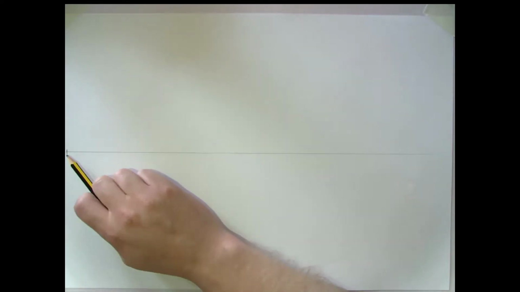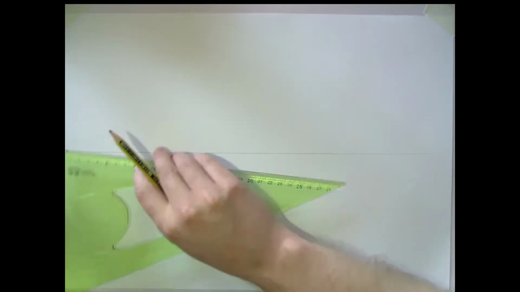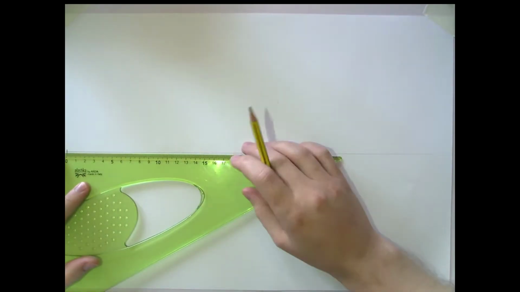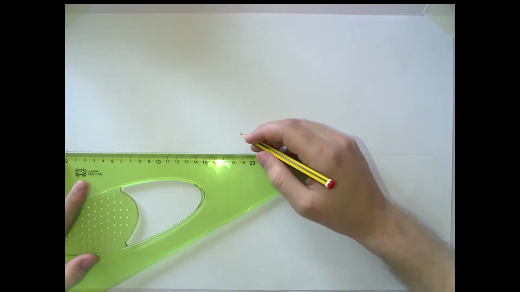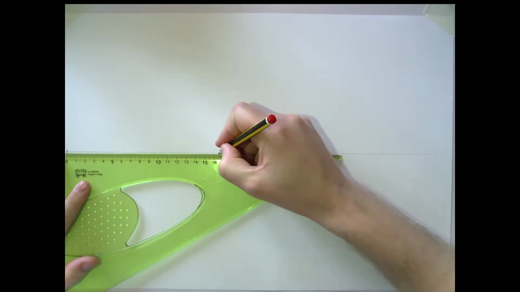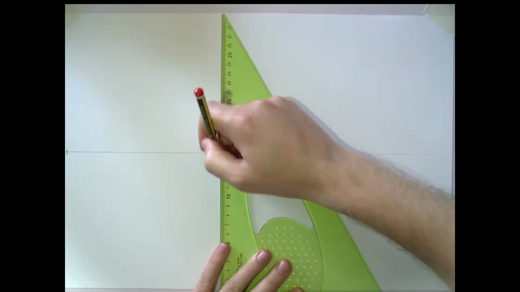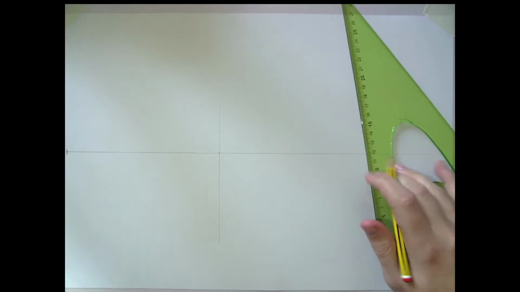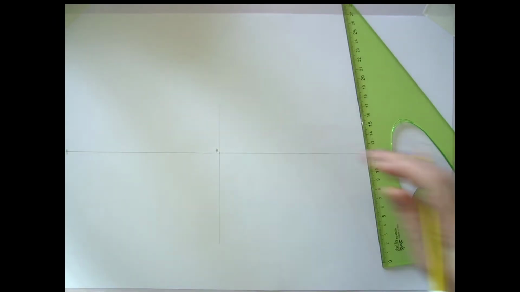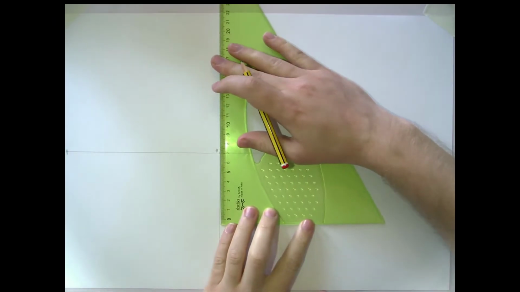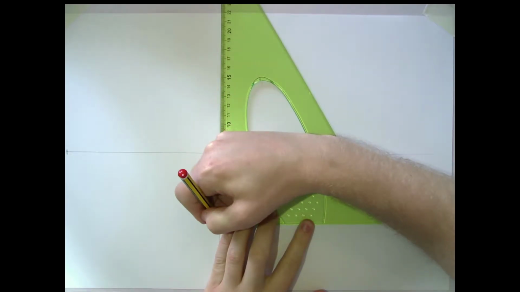So on my page I have just set up an XY line, and I'm going to put my datum to the very left hand side of the page. I'm going to start locating all of my coordinates now. So point A has a horizontal or an X value of 165, an altitude of 0, so in elevation it's on the XY line, and a distance out from the vertical plane of 70 millimeters.